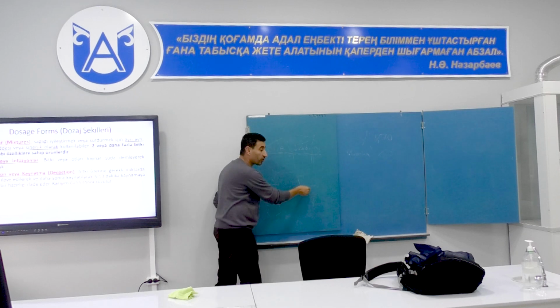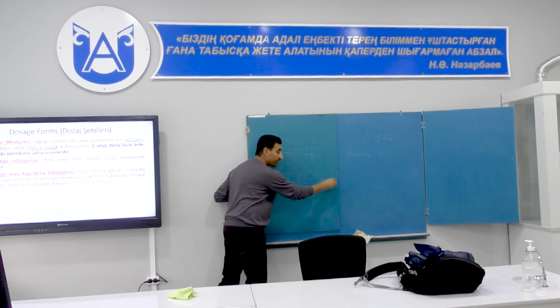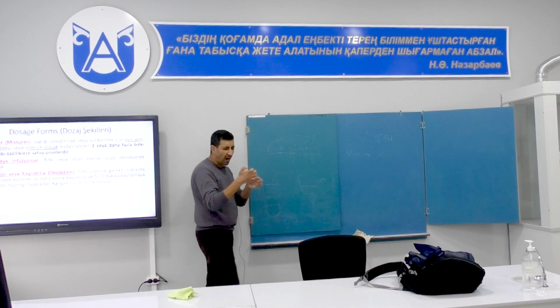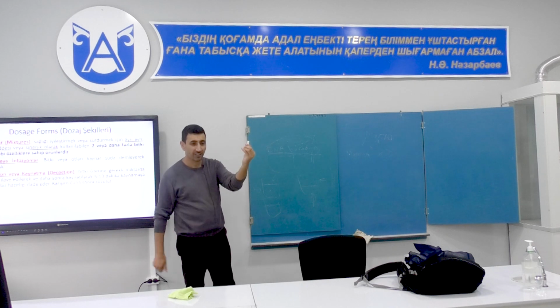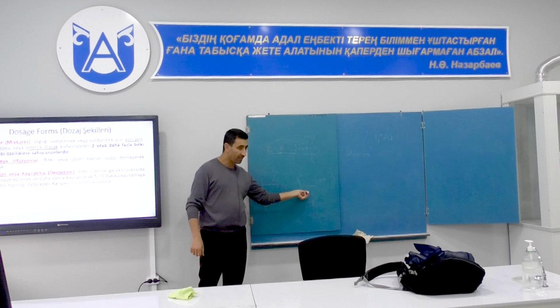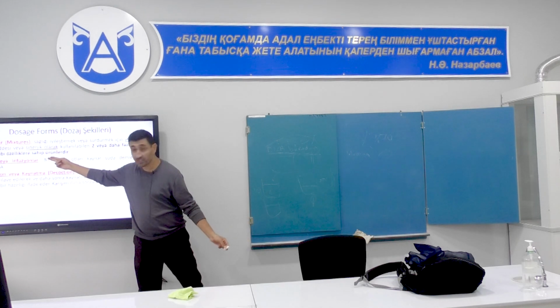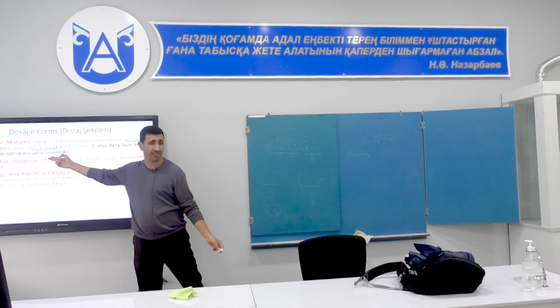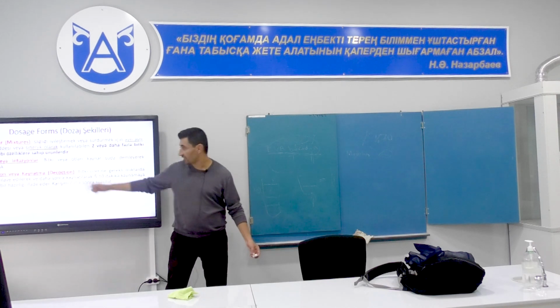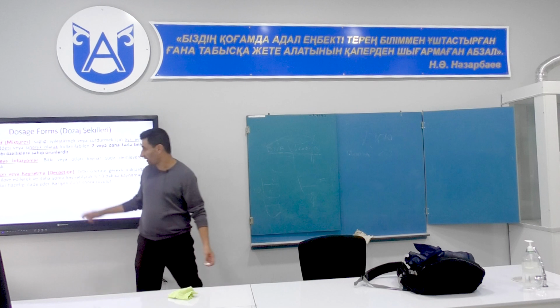This is for roots and stems, the hard parts of plants, not flowers or leaves. This is infusion, or çay. We say demleme in Turkish. And decoction is kaynatma. Okay?